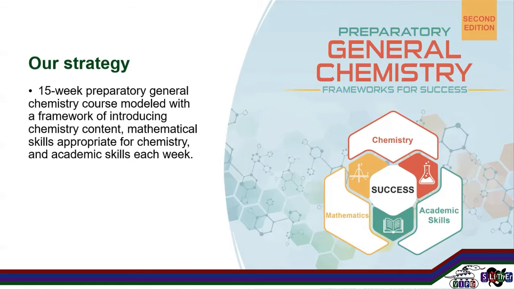And it's modeled after a 15-week semester, although it could be condensed into the quarter system. But what we found is that every week, students need some sort of chemistry content, some sort of mathematical skill that's going to be appropriate for that chemistry in that particular week.